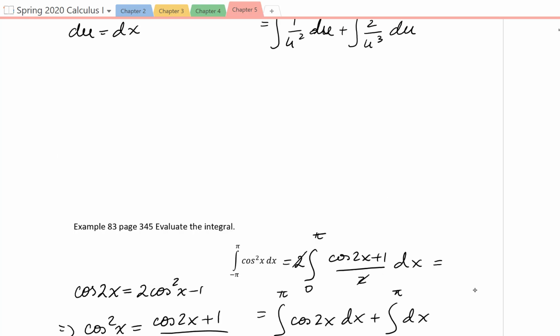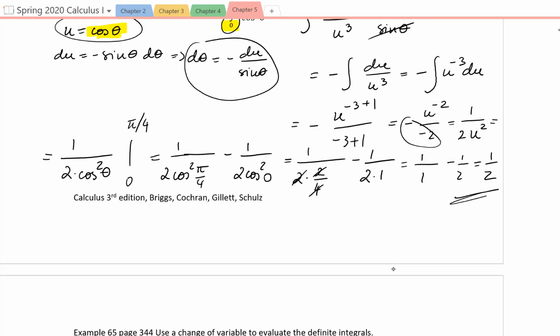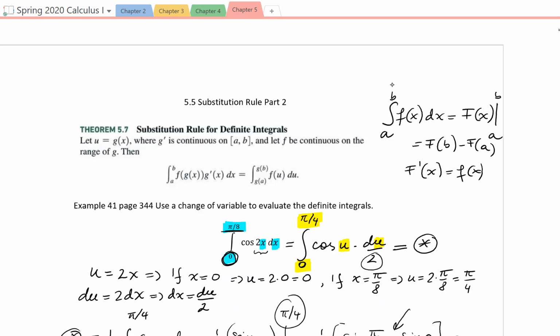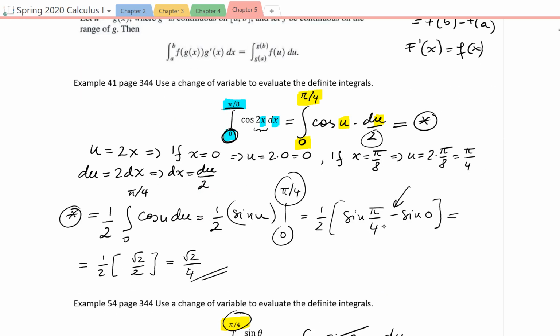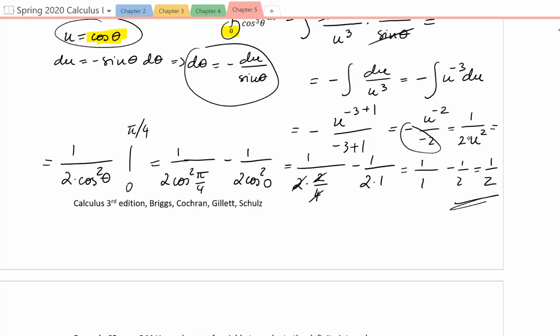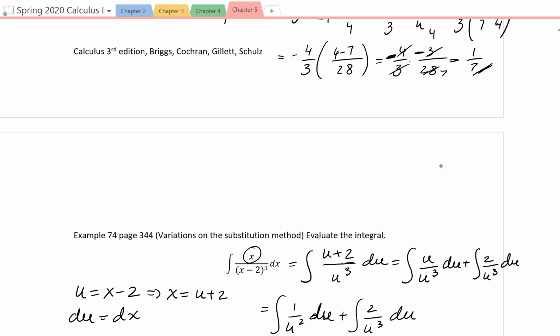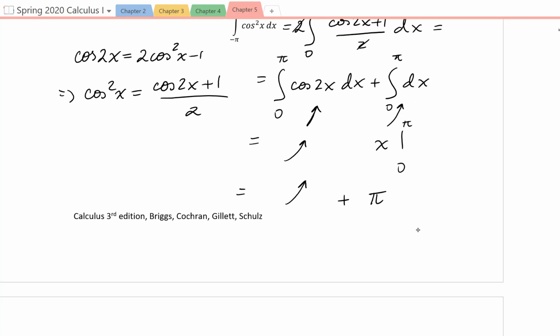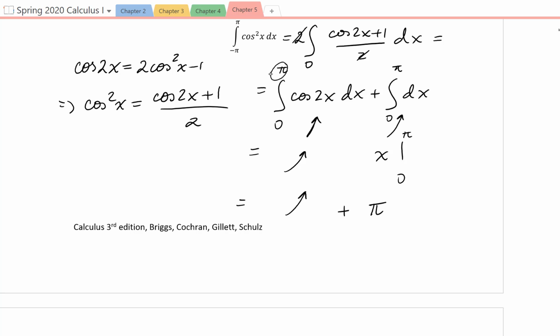Just be careful: at the beginning we calculated cosine of 2x integrated from 0 to pi over 8. So what you have to do is you have a different limit of integration. So be very careful what you use for your limits of integration. I hope this helps.